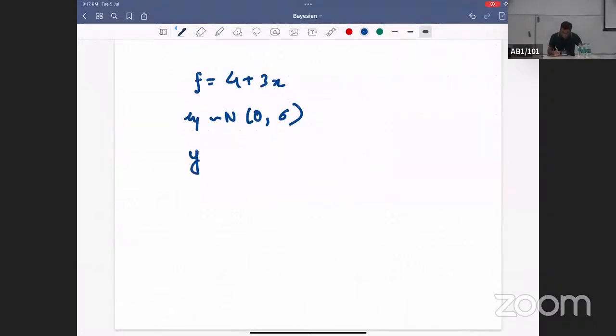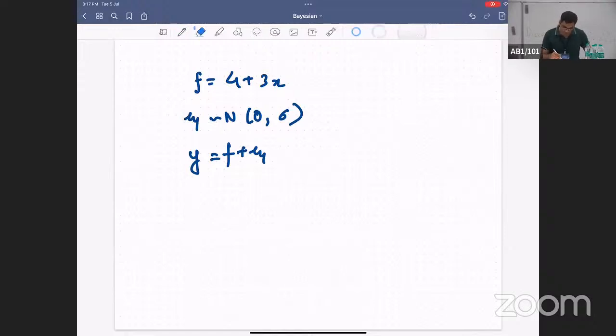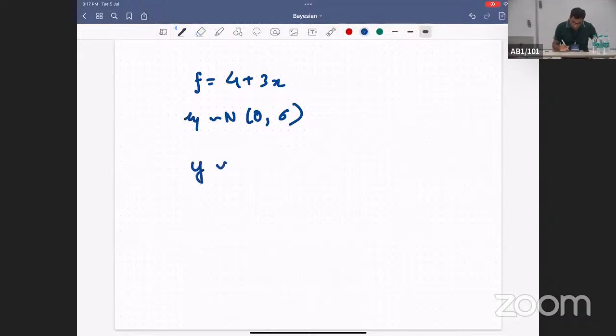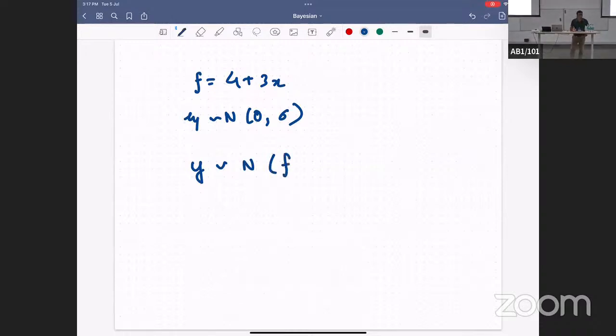So actually, we would not directly write this as f plus epsilon. This in some sense is wrong, because epsilon is a distribution and f is values. The more correct way to write this would be y is normally distributed with mean f at x, and sorry, not epsilon, and scale sigma.